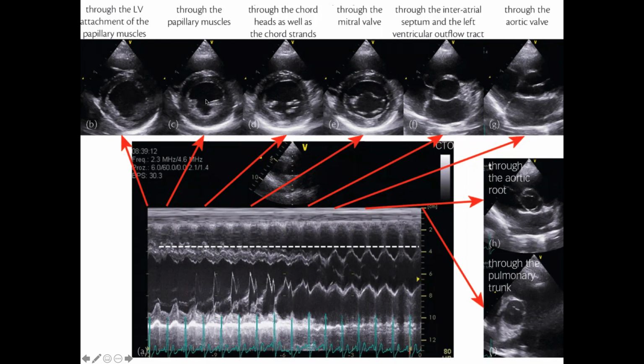As we move from left to right in this picture across here, let me put on my laser. As I move from this one over to this, the operator is tilting the transducer such that it moves away from the central part of the left ventricle, and tilting it up such that the beam is now tilting towards the superior aspect, towards the patient's head, right?